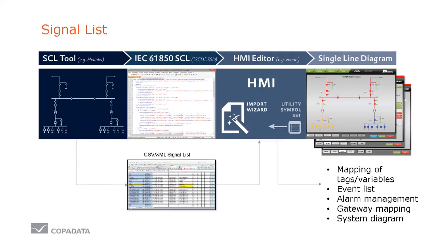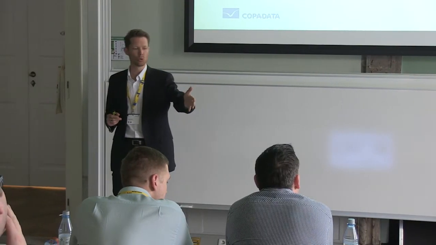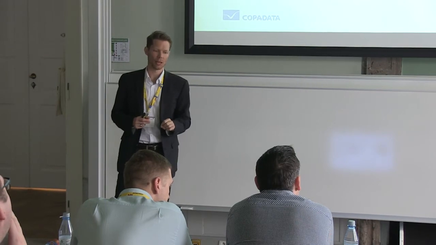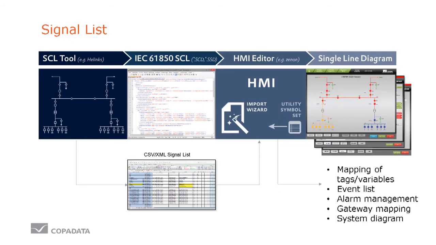Then we can do alarm management based on that. Gateway mapping would be possible because signal lists or system configuration tools can provide gateway mapping information in the signal list, and we could also get the system diagram out of that information.